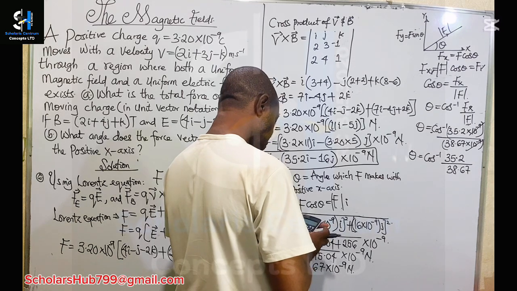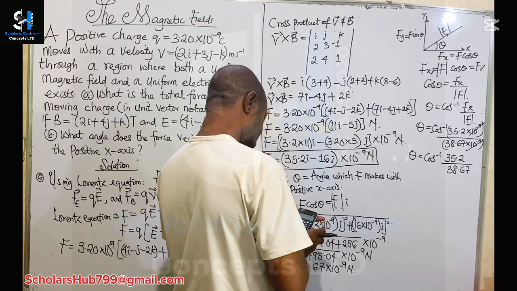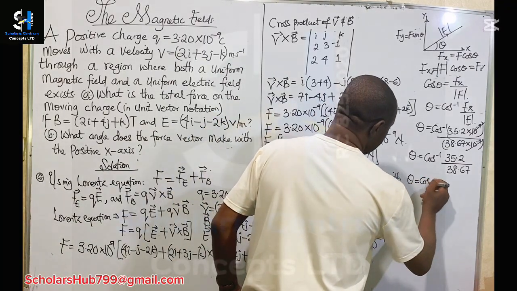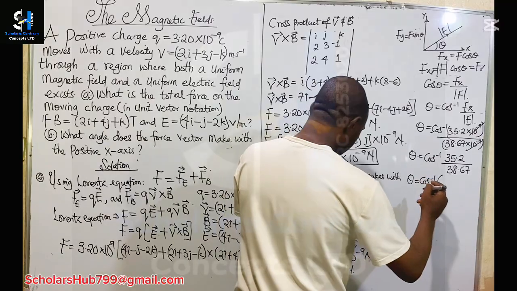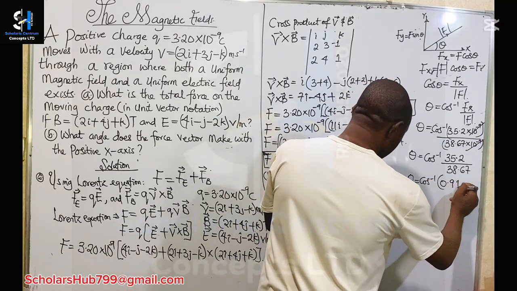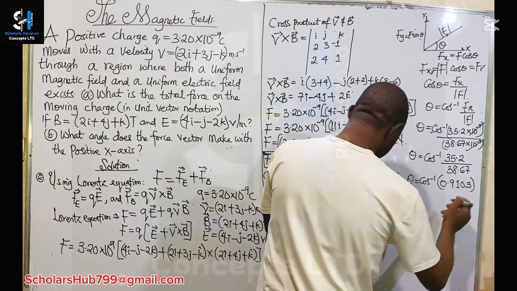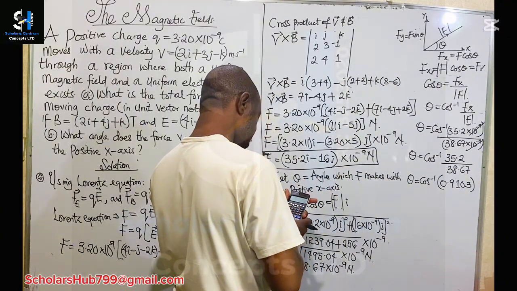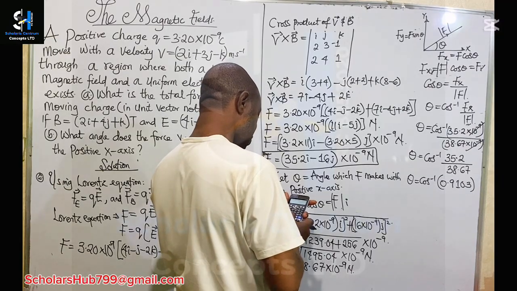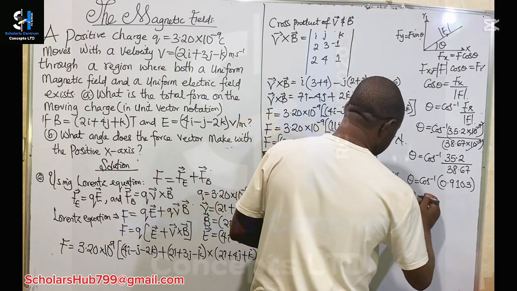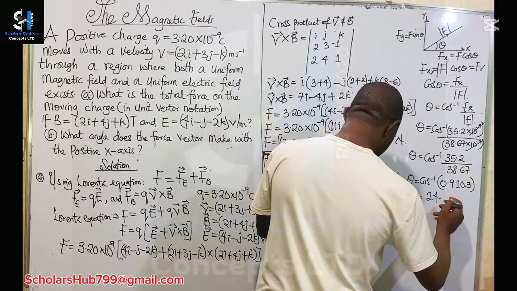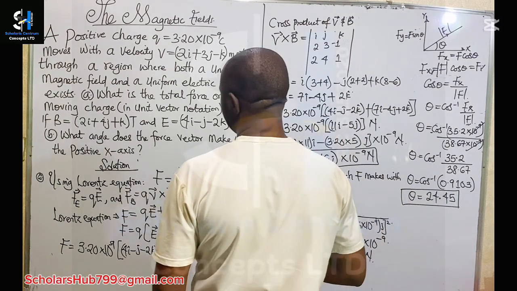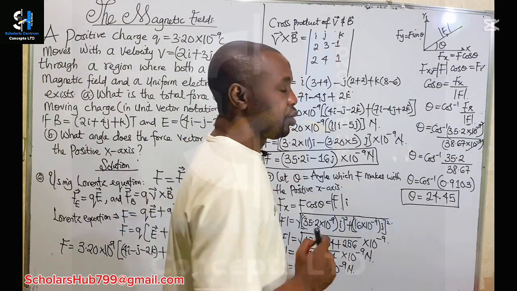So 35.2 divided by 38.67 is 0.9103, so theta is equal to the inverse cos of 0.9103. The cos inverse of 0.9103 is 24.45, so theta is equal to 24.45 degrees, and this is the angle the force vector makes with the positive x-axis.